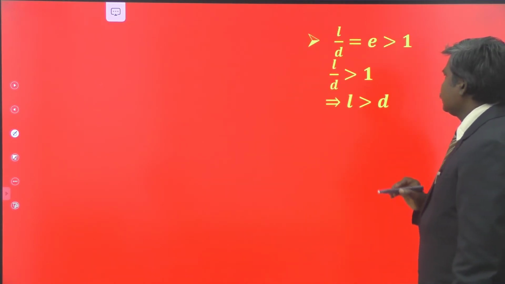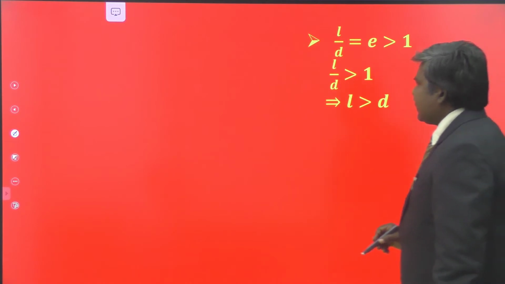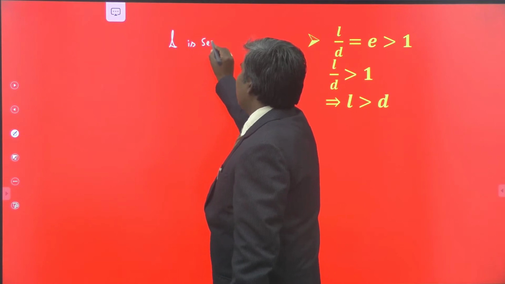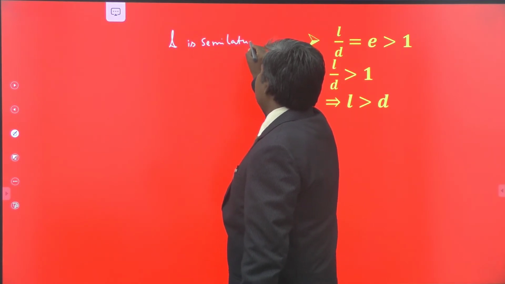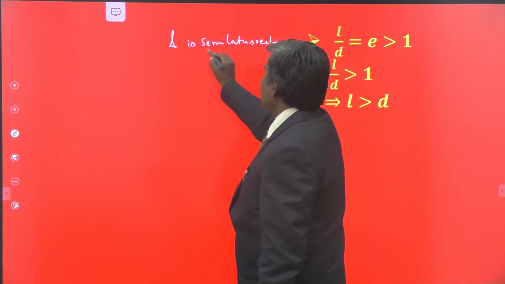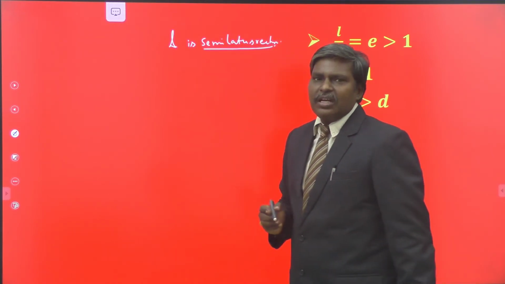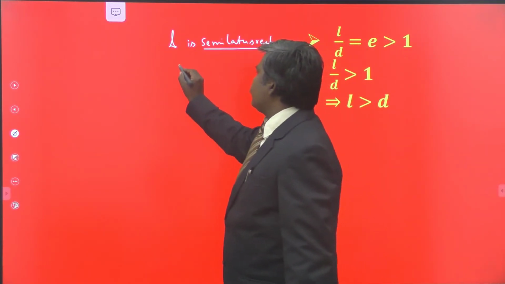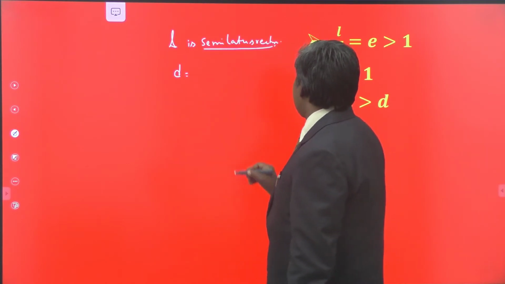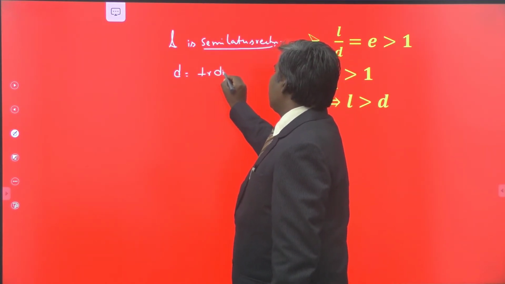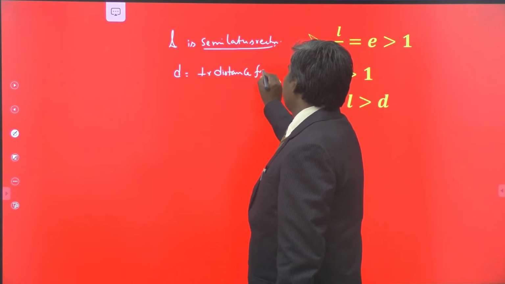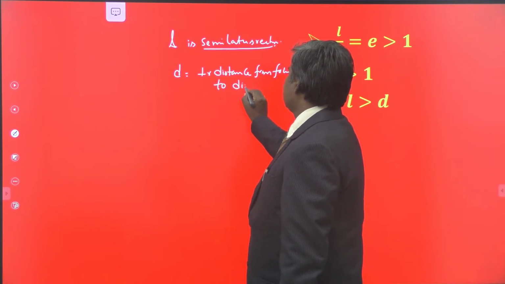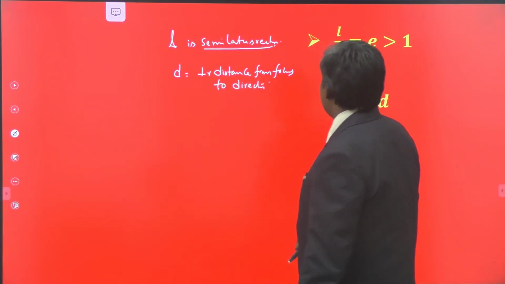Next one. L is the semi-latus rectum of the hyperbola. What is meant by latus rectum? The focal chord perpendicular to the axis is called the latus rectum, and D is equal to the perpendicular distance from the focus to the directrix. You can find that one also.